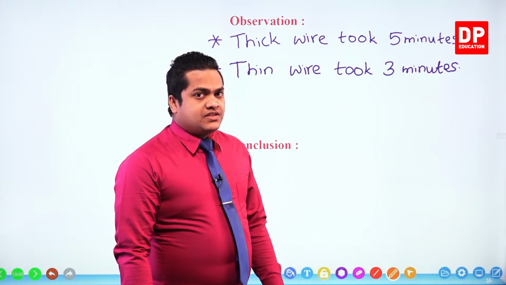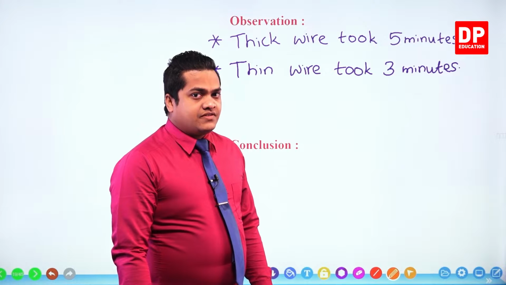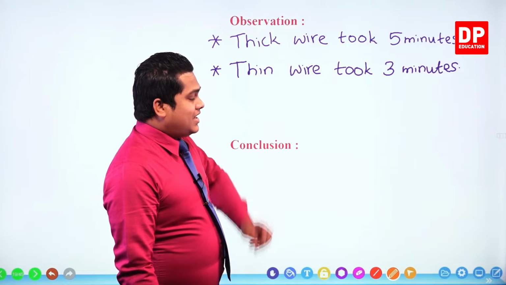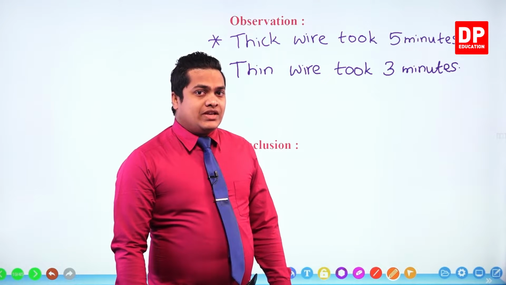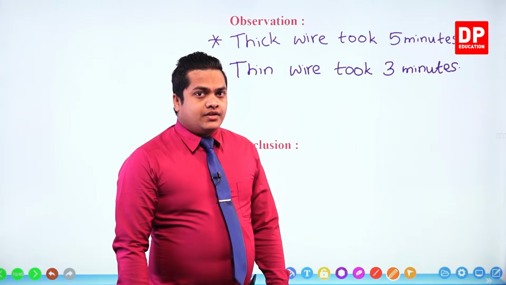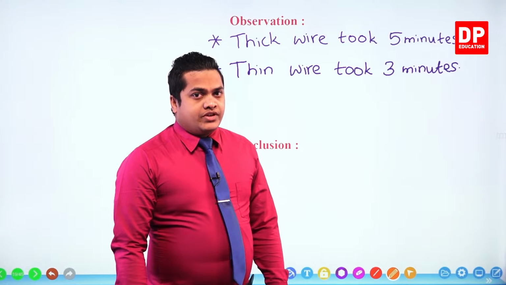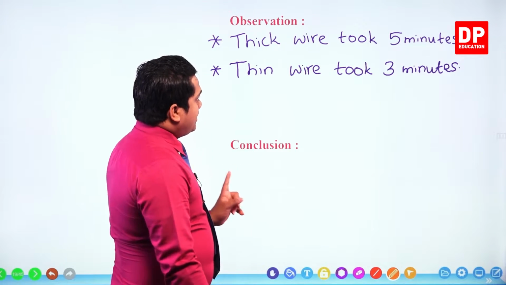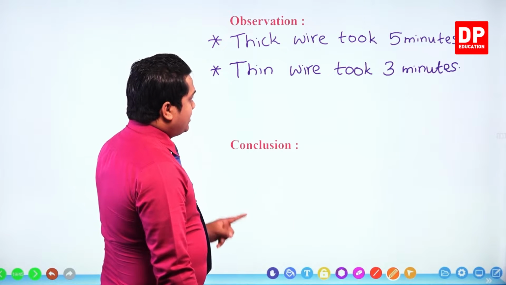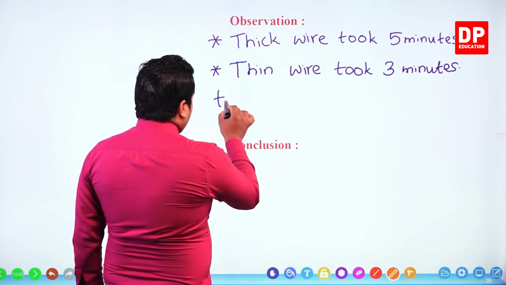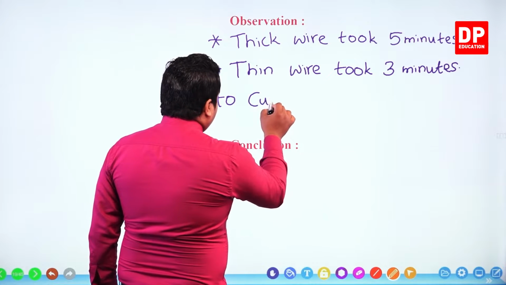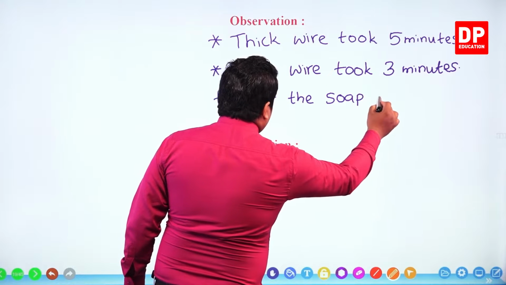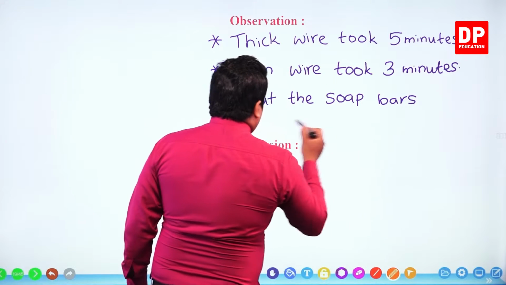So if the surface area is high, you can see that more time is taken to bisect or to intersect the soap bar. So I'll mention here, thick wire took 5 minutes, thin wire took 3 minutes to cut the soap bars separately.